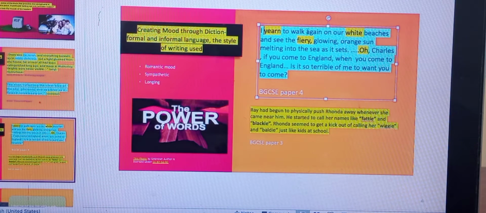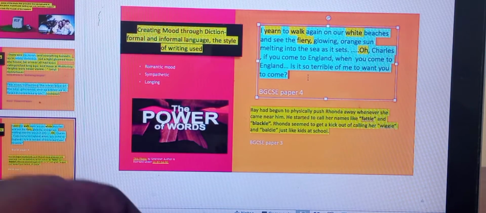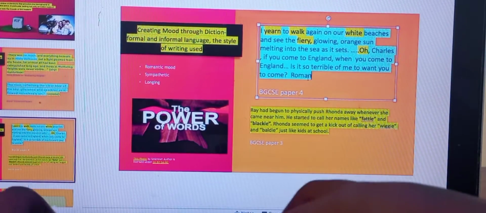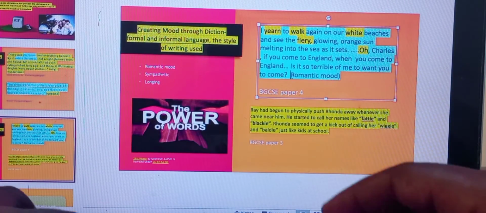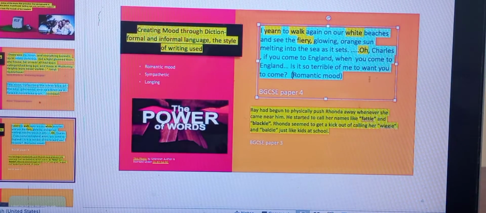They're talking about walking on the beach. It's saying, "oh," so right away the diction being used makes me feel romance. So a romantic mood is being created by the words that are being used.